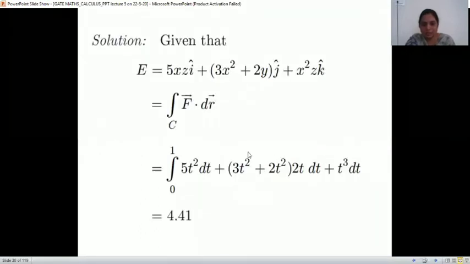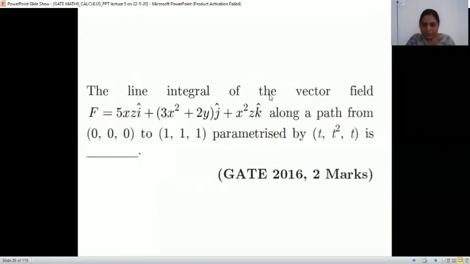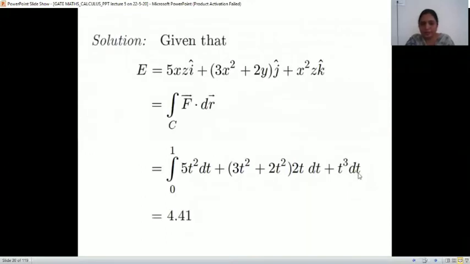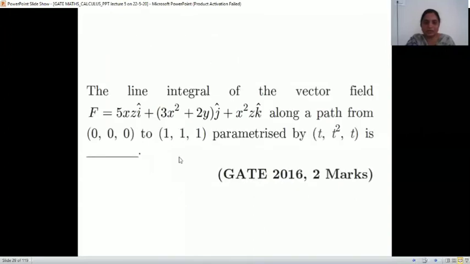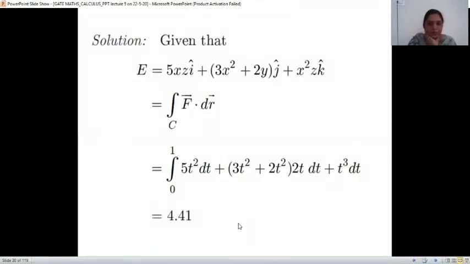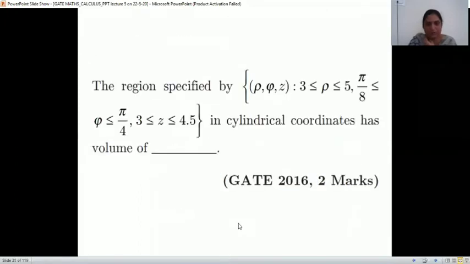Next is 3x square plus 2y, in place of x and y we are writing t, into dy, and dy is what? Y is t square, so 2t dt, and t cube dt. And integration, t is varying from 0 to 1. As we know, t is nothing but x, and x is varying from 0 to 1. So t is varying from 0 to 1. So your answer is 4.41.